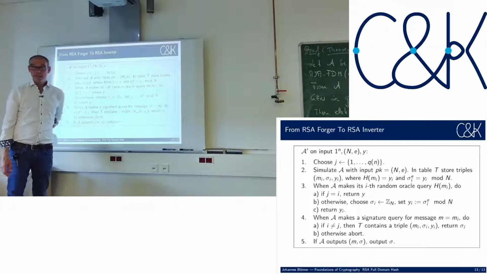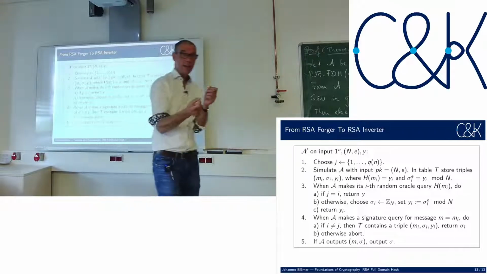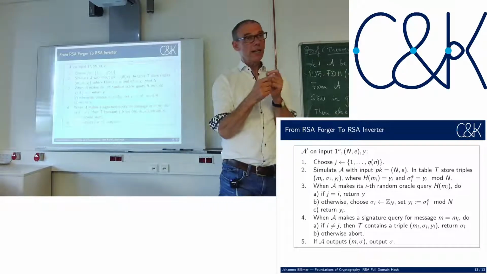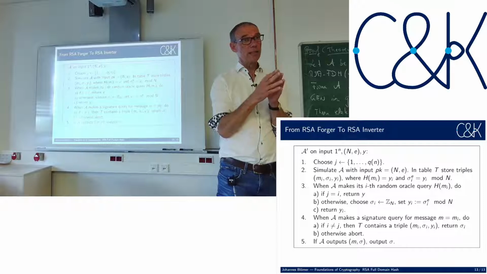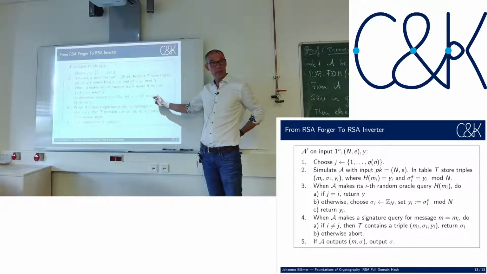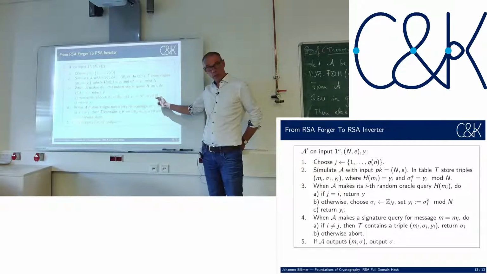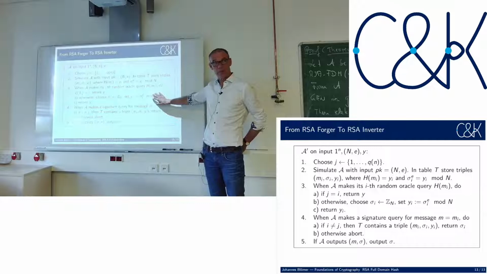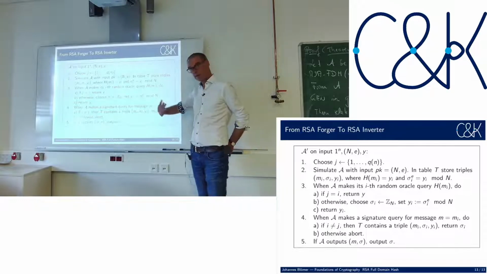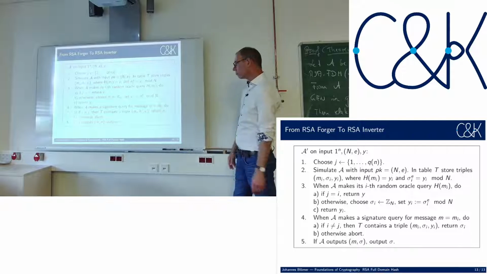So we do not simply pick an element yi uniformly at random from Zn; we compute it in this way. I will say something about this in a minute. For the time being, just take it as I defined it here.